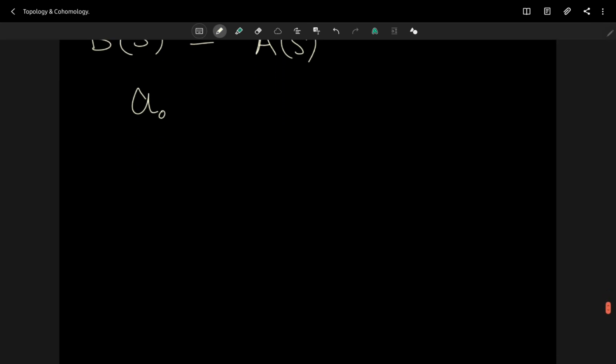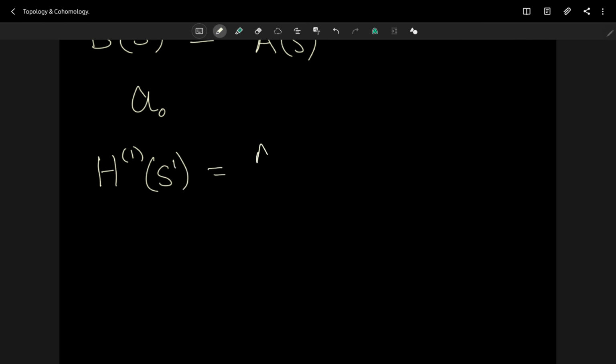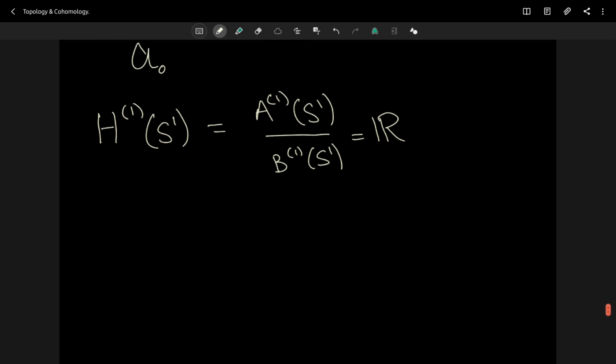Hence we would have H1, the one cohomology of S1, equal to A1 of S1 over B1 of S1, and that would be simply equal to R. With this, the first Betti number of this S1 is 1.